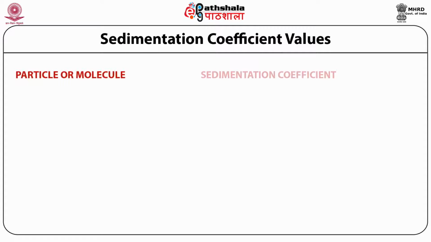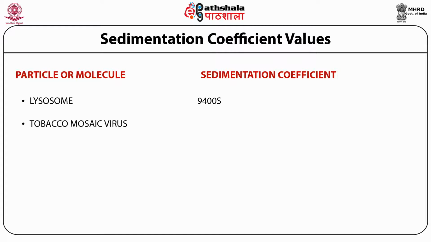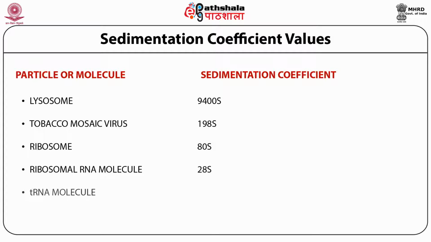So now the sedimentation coefficient values of some well-known biological molecules are given here. These are some particles like the lysosomes, which have a sedimentation coefficient value of 19400S, tobacco mosaic virus 198S, the ribosome 80S, ribosomal RNA molecule 20S, and transfer RNA molecule 4S.